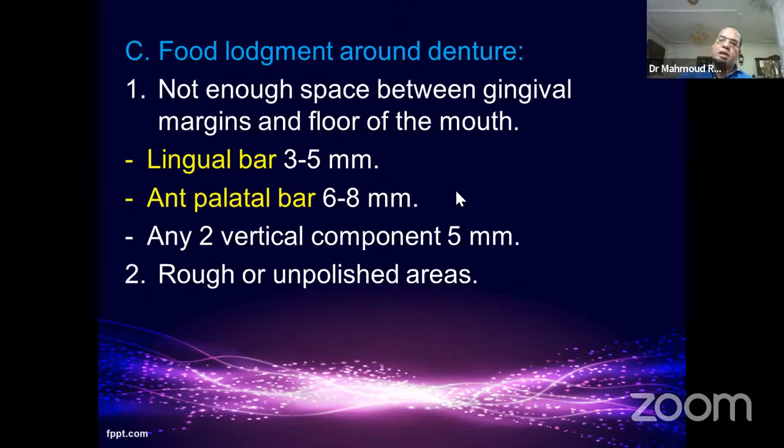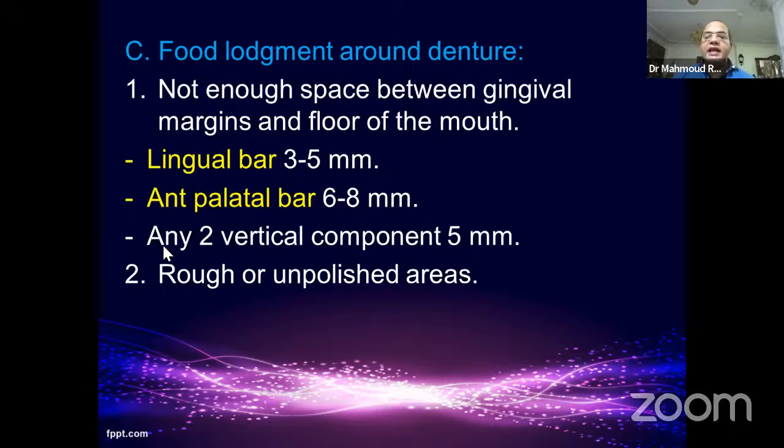If there is no such space available, please use a plate to cover the cingulum of the teeth and the gingival margin, but don't forget to relieve these gingival margins so they are not irritated under the denture base.